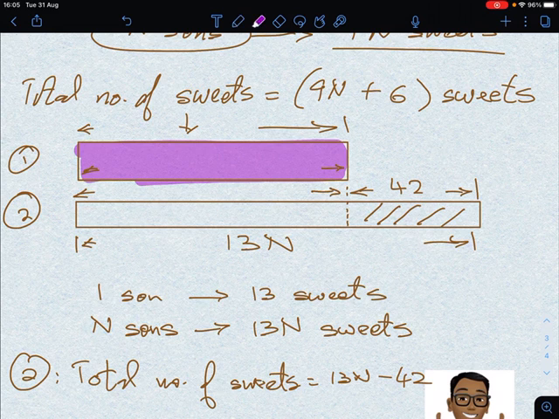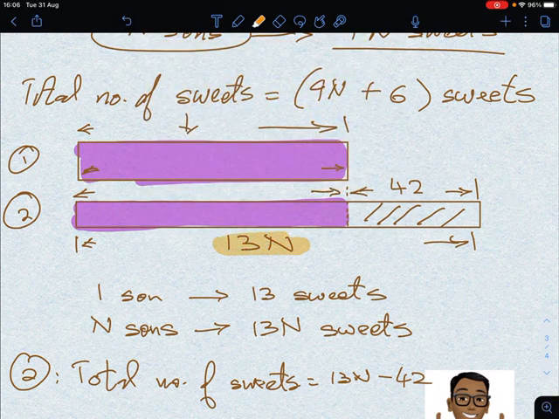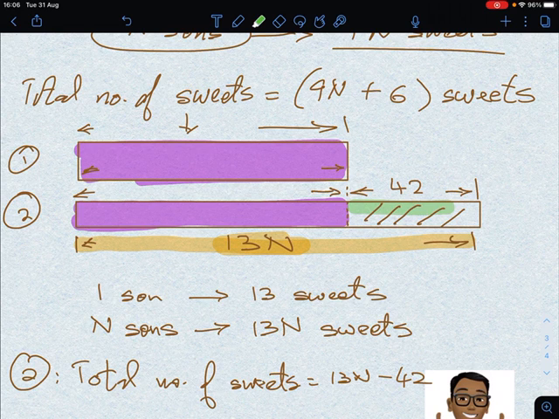Let me just show you in color. This is your 13n from one end to the other, then you have to minus the 42. He would need 42 more, isn't it, if he were to give 13n sweets to his children.